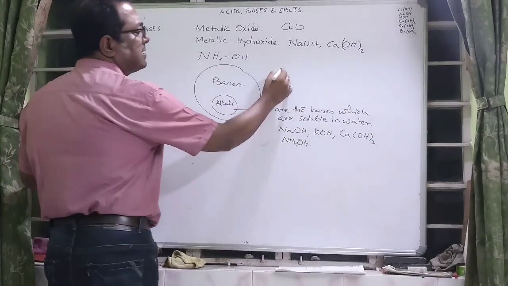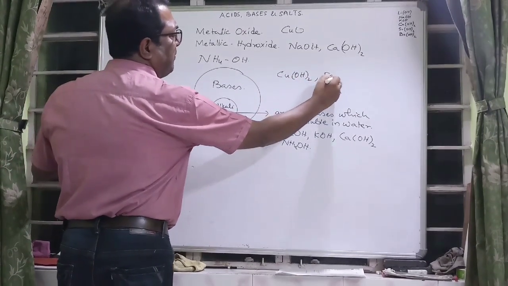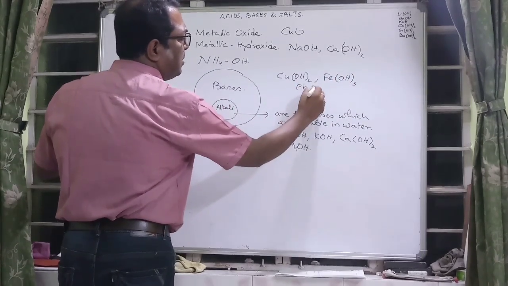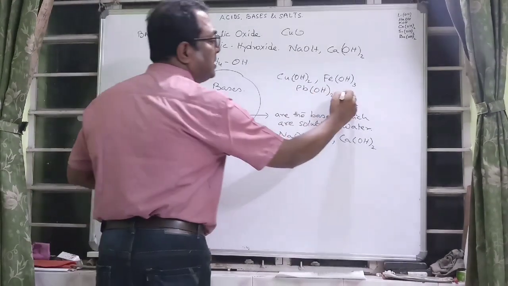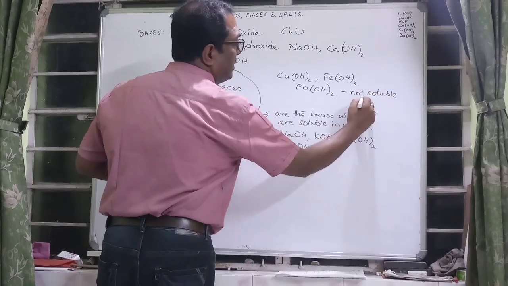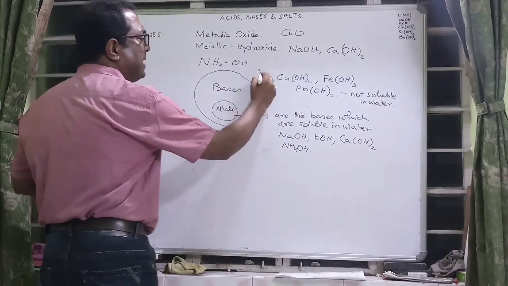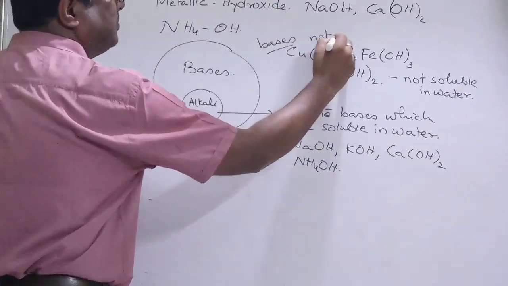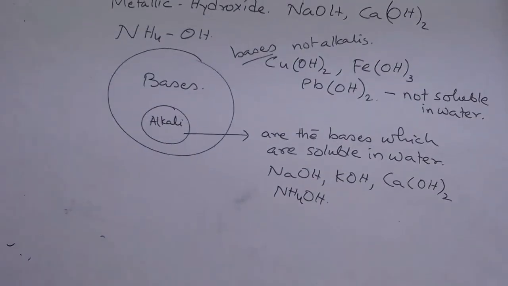If I take examples like copper hydroxide, Fe(OH)3, Pb(OH)2, these are not soluble in water. So these are bases but not alkalis.